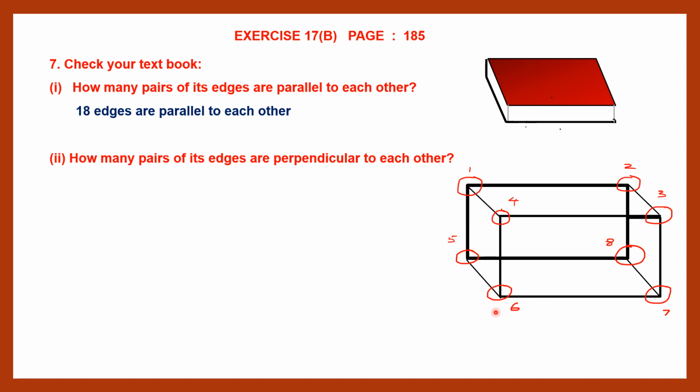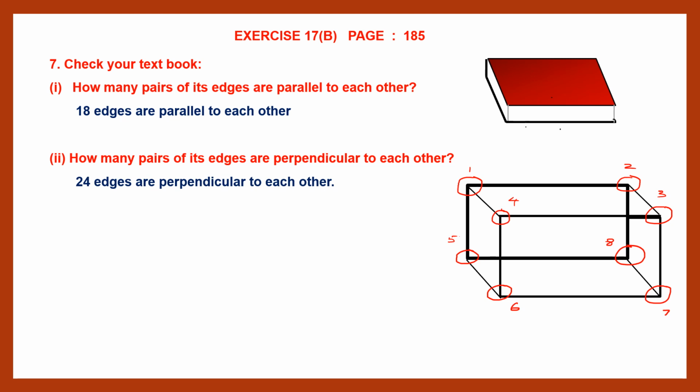At each corner there are 3 perpendicular edges. Okay, so since there are 8 corners there, from that we can calculate at each corner there are 3 perpendicular lines. So 8 into 3 will give us 24. So that means 24 edges are perpendicular to each other.